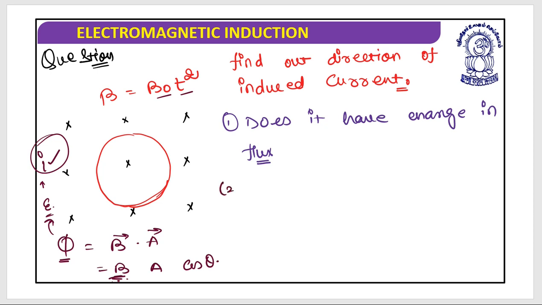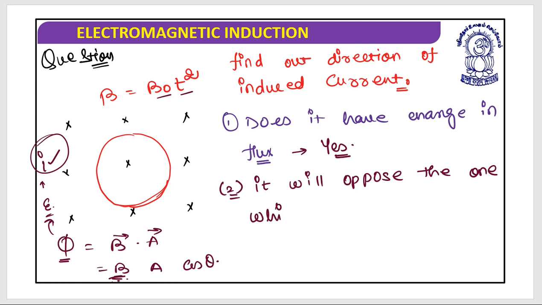Now the second situation: if the answer to this question is yes, go through the second question. It will oppose the one which produces it. This is the statement of Lenz's law.